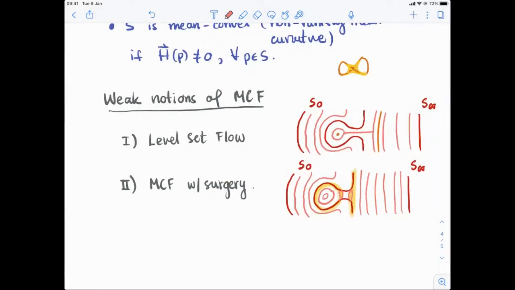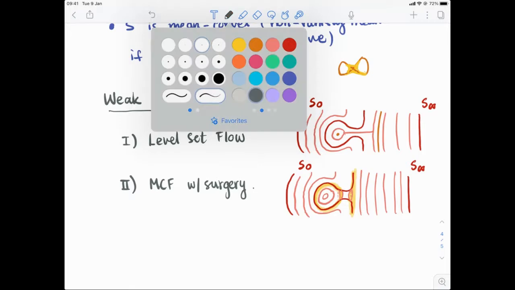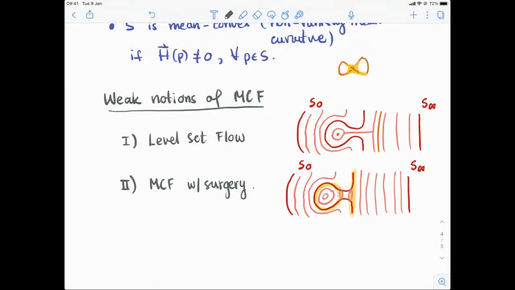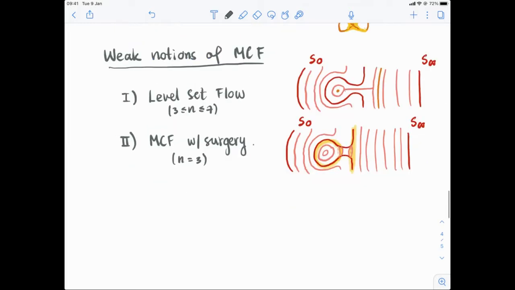So these are the two notions that we consider. We consider these when the levels of flow, for any dimension between 3 and 7, and then the mean curvature flow with surgery, we only consider it for dimension 3, but we believe that it can be done for the mean curvature flow with surgery in higher dimensions as well.